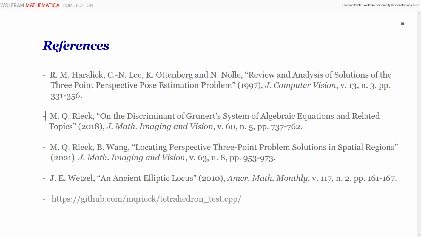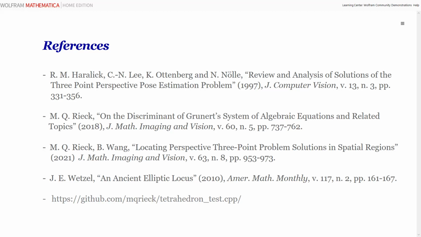Now, the paper where I introduced my efficient way to compute D is this one, on the discriminant of the Grunert system. More recently, I wrote this paper with Bo Wang, a Chinese researcher who I've unfortunately fallen out of touch with.